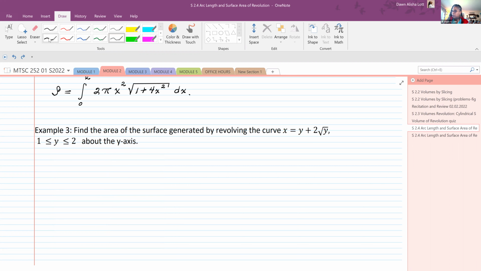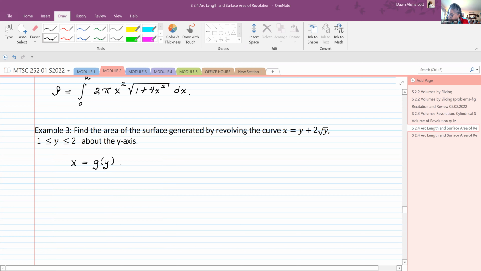Okay. So this problem is going about the y-axis. Therefore, I have x is equal to g of y, with 1 less than or equal to y less than or equal to 2. So this is easy. C is 1, D is 2.